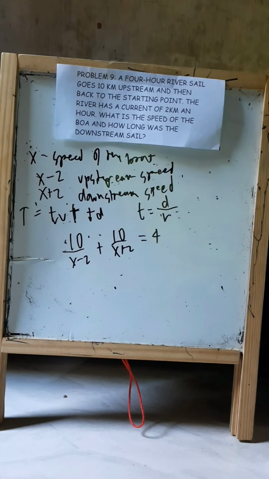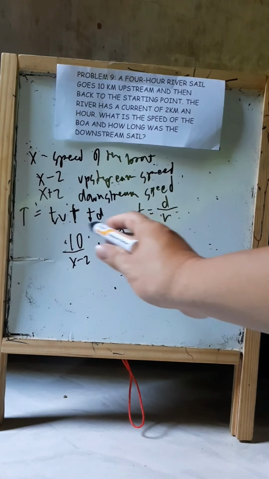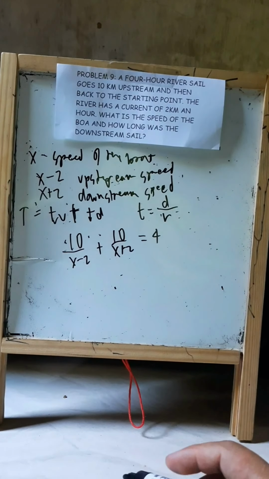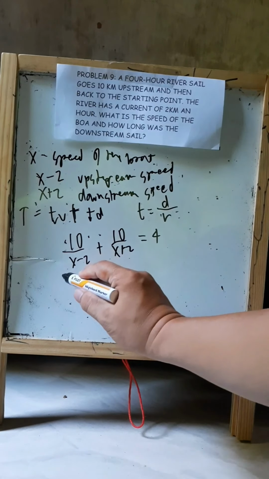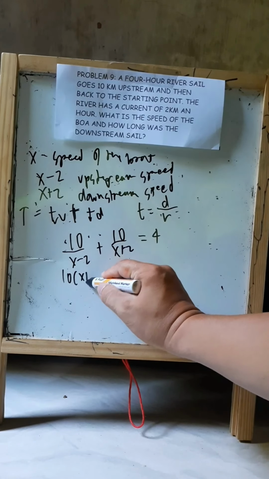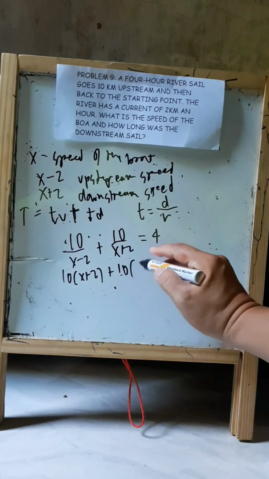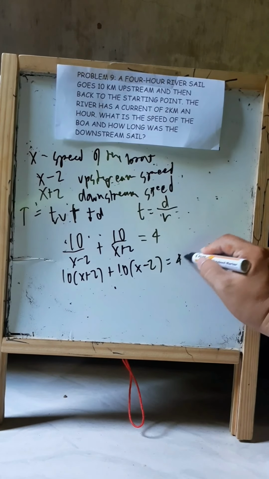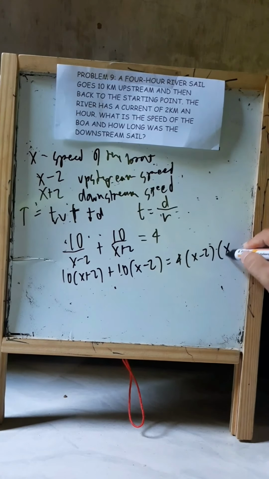So we can multiply this equation by x minus 2 and x plus 2. So that's the LCD, so it becomes 10 times x plus 2 plus 10 times x minus 2 is equal to 4 times x minus 2 times x plus 2.